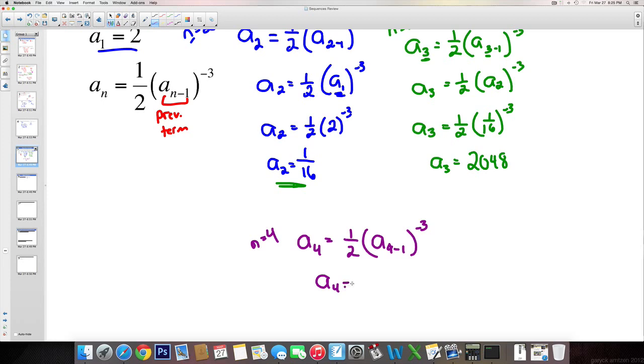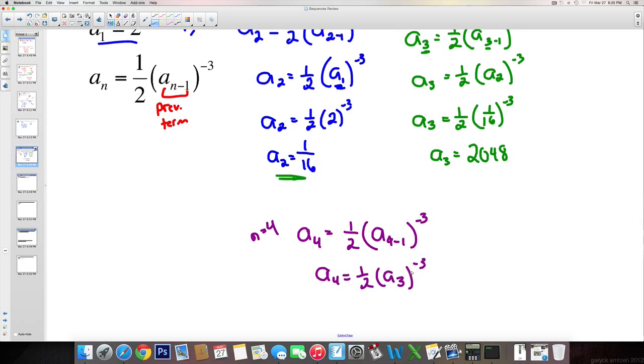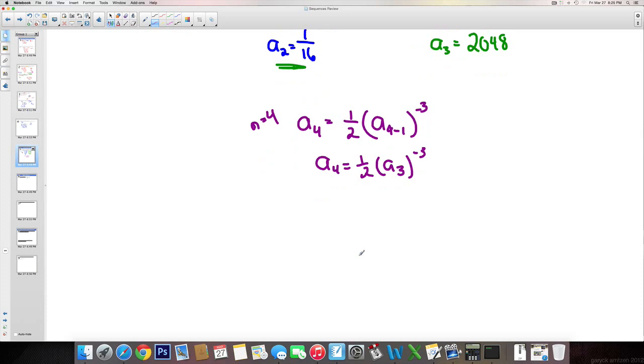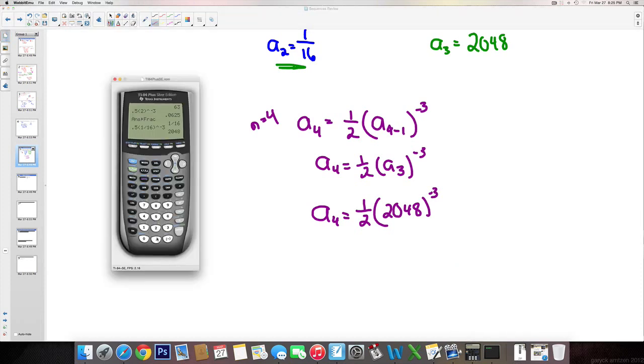A sub 4 equals 1/2 times a sub 3 to the negative third. We know what a sub 3 is, we just found it. It is 2048. So we'll replace a sub 3 with 2048.